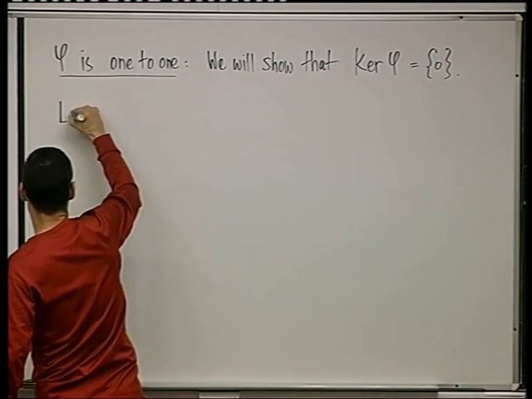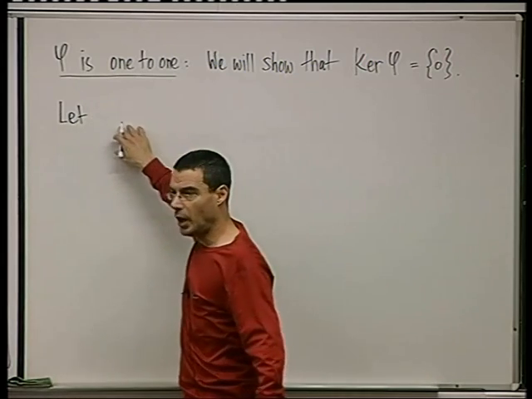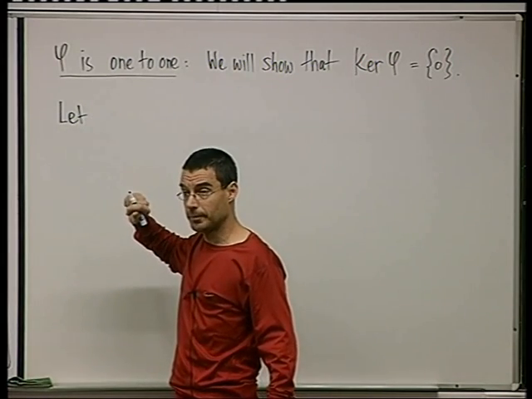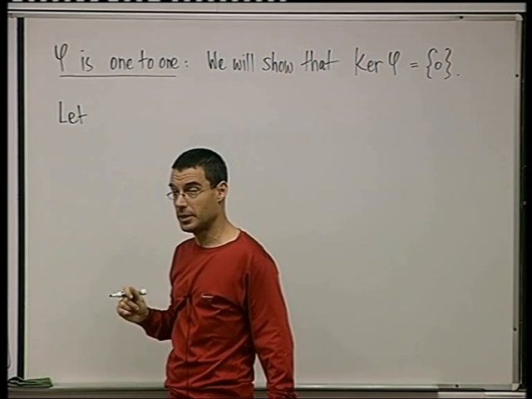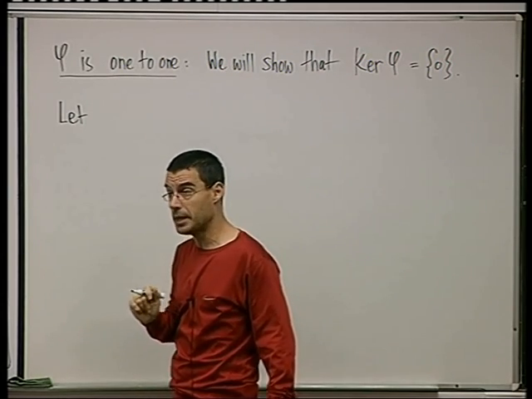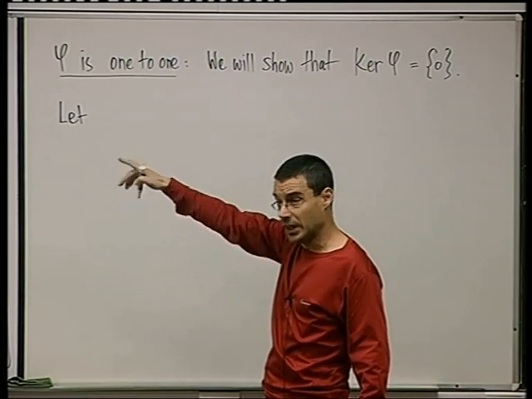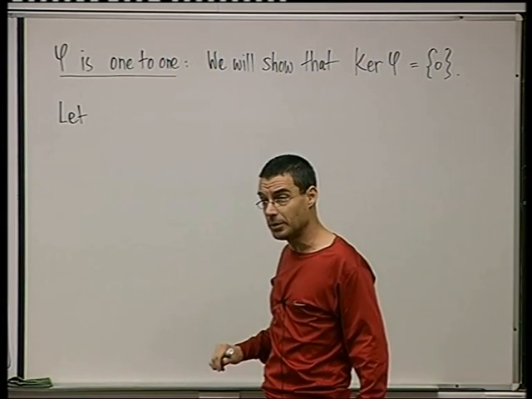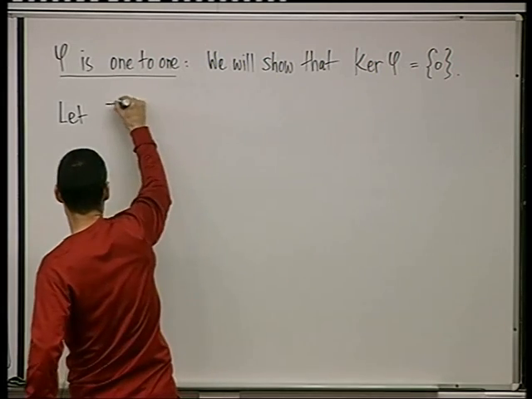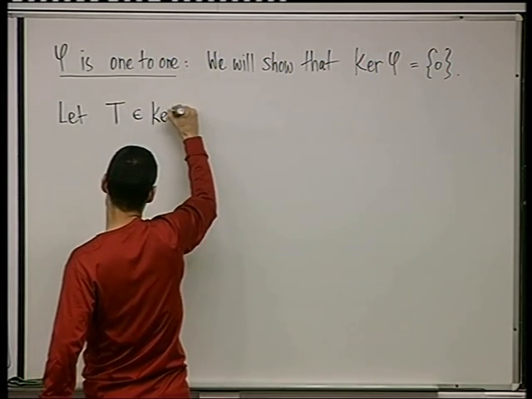So what am I going to call somebody in the kernel? Give me a letter name for it. T. It's a linear map, right? Elements in the domain of phi are linear maps. They're elements in Hom(V, W), right? So let T be an element of the kernel.